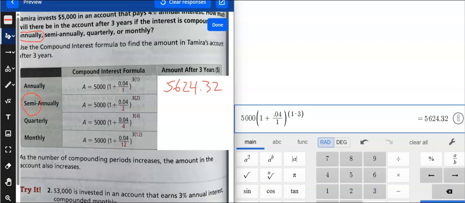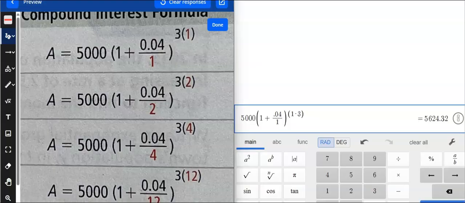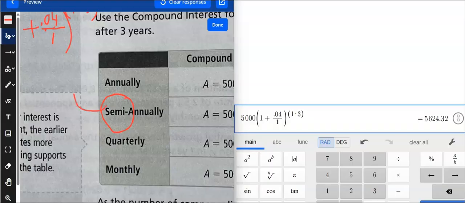If I put semi in front of it, it doubles it. So that's why you see in their formula that they changed it to 2. So if they put semi in front of something, you should understand that that term doubles the end value.